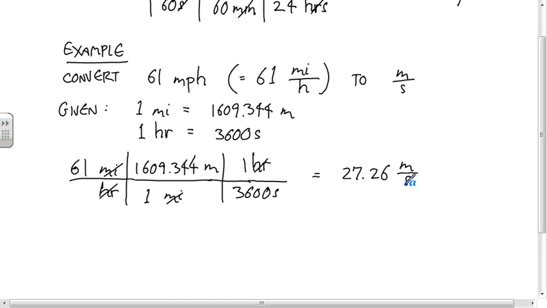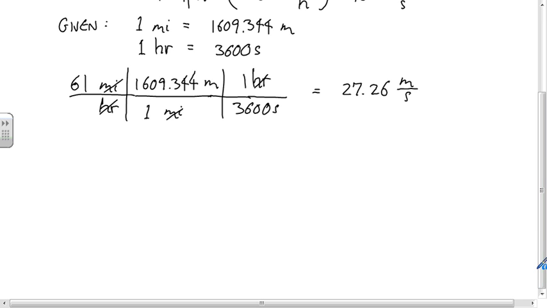Okay, there's really only one other tricky thing that can come up with these. And that is that sometimes in these combinations of units, one or more of the units are going to be raised to an exponent.